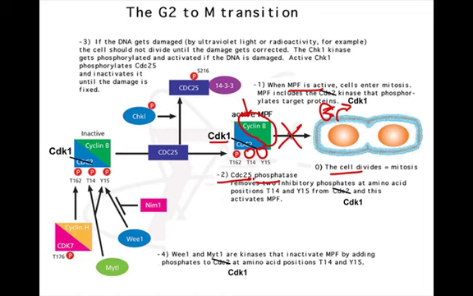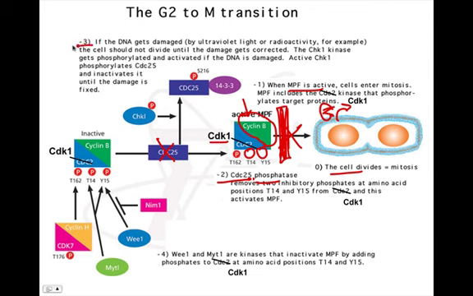And we'll learn a little bit about that in chapter 16, I think, about repairing DNA. So what if the DNA is damaged and you want to block the G2 to M transition? Well, you should keep this inactive, and one way to keep it inactive would be to inhibit CDC25.